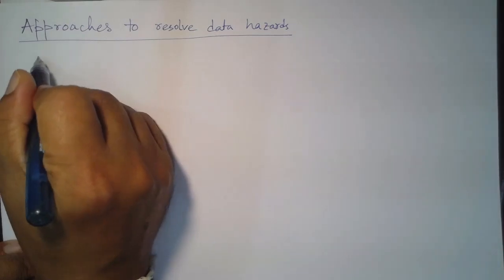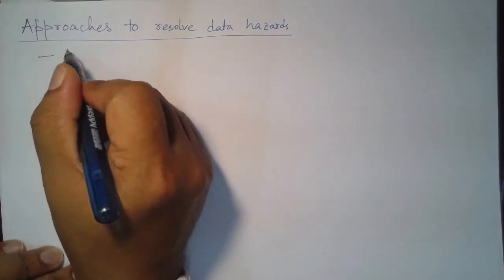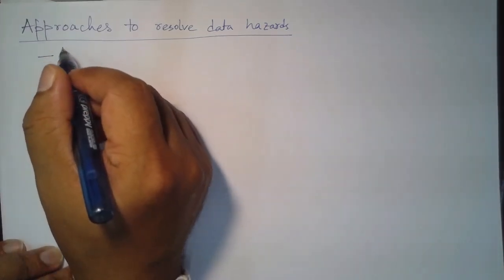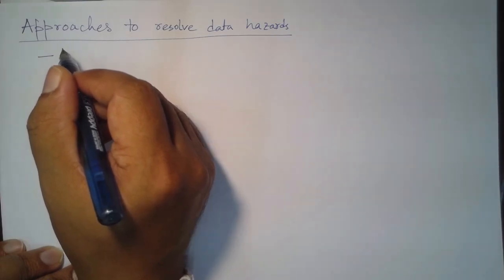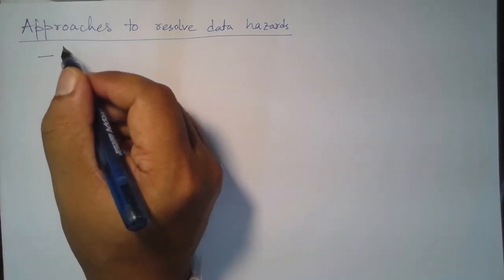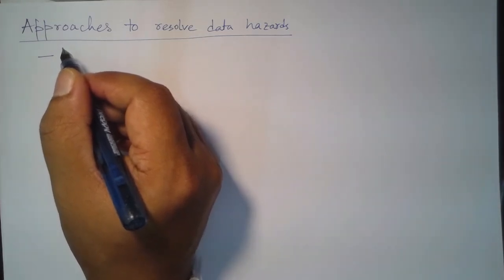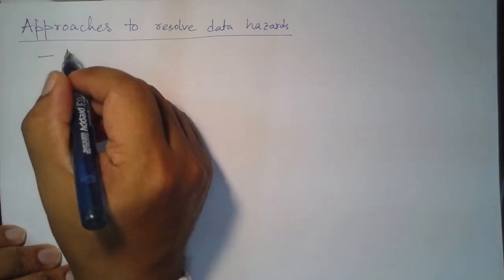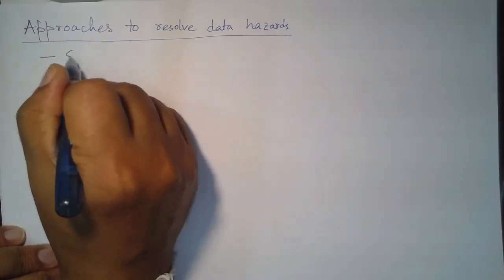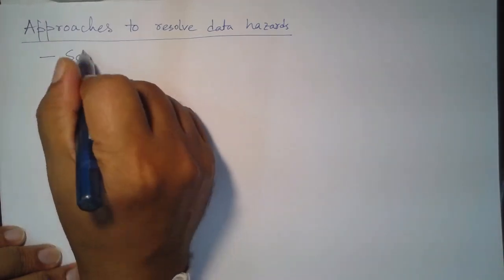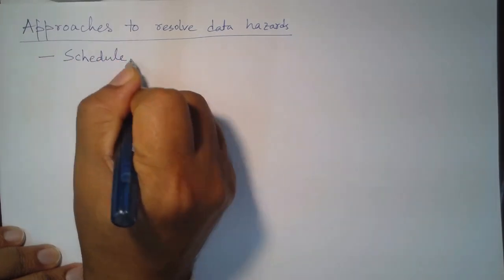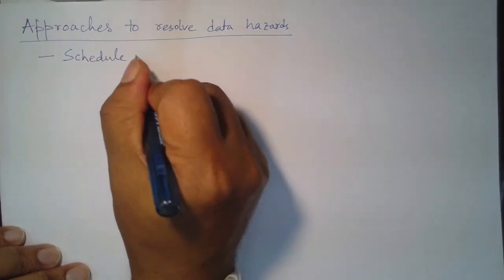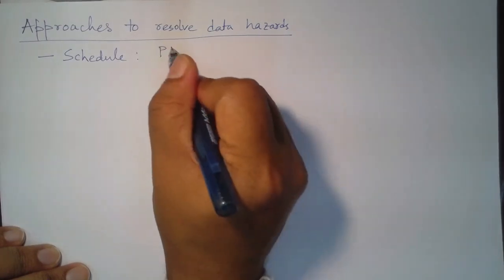All the dependent instructions are scheduled in such a way that their updation will be done before the subsequent instruction tries to use them. So basically, scheduling, which is very intuitive. The onus is left to the programmer.